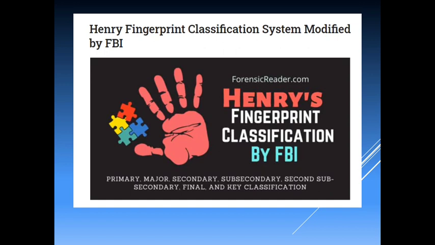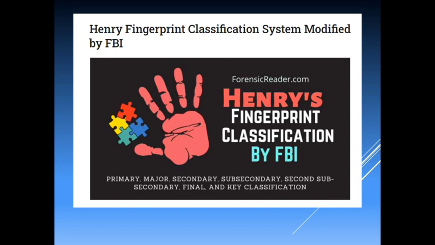So because of the complexity and inefficiency of the Henry system due to the increasing number of prints being registered, the system was then modified by the FBI, the Federal Bureau of Investigation. It was then known as the Henry Fingerprint Classification System, modified by the FBI.